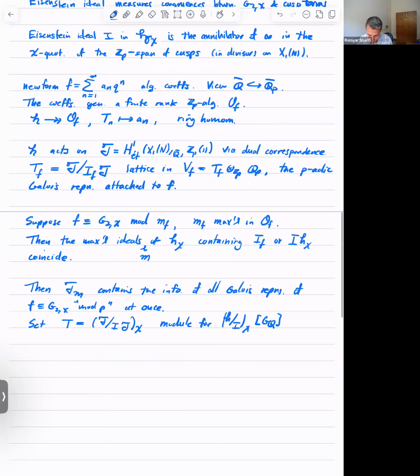It's a little technical, so let me explain it in the case N equals P. In this case, chi is, let's say, omega to the k minus 2, and omega is the injection of (Z mod pZ) cross into Z_p cross by lifting a (p minus 1)st root of unity.